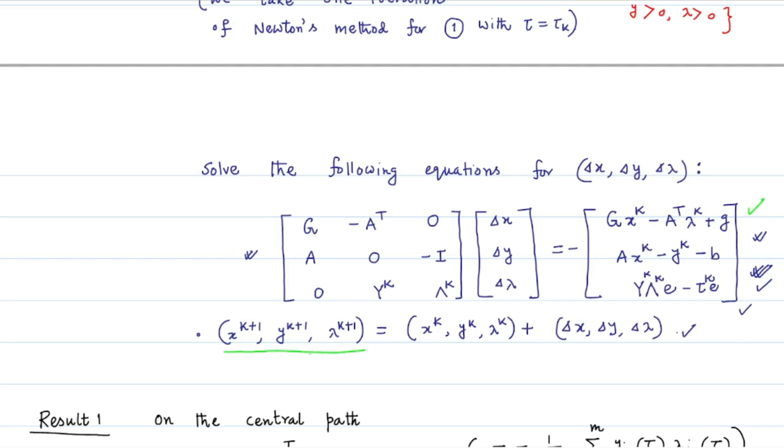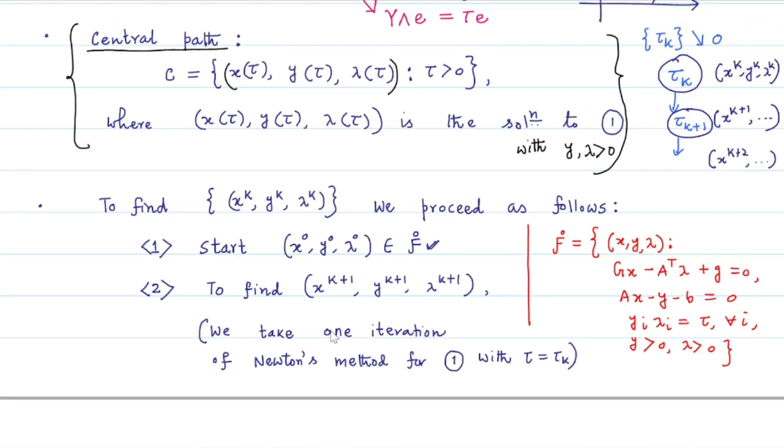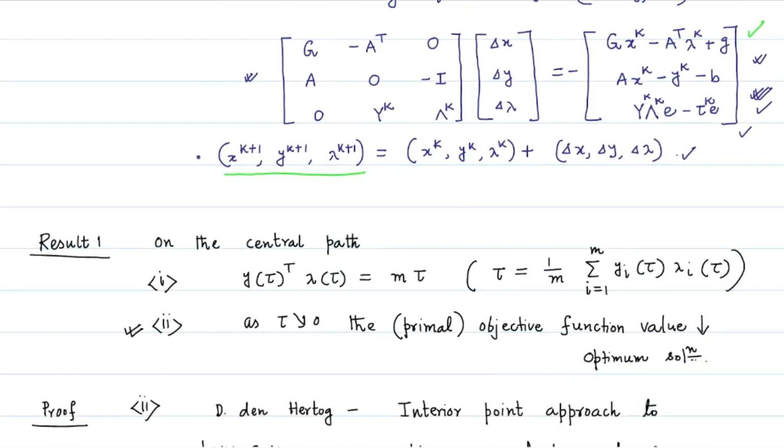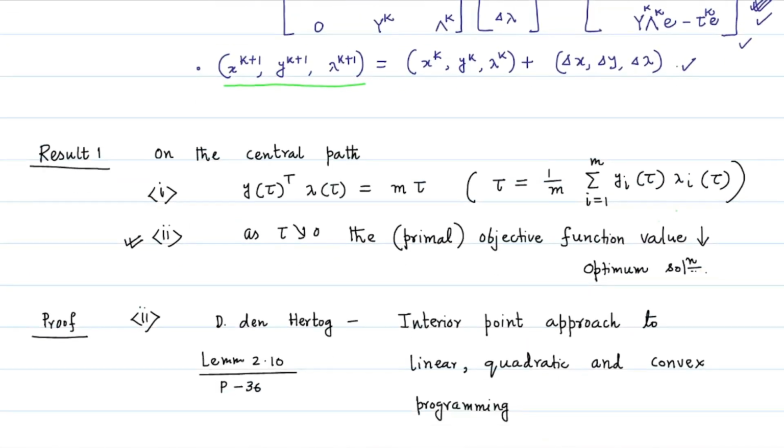We can prove that if you start your process from a point from this f naught, and if this f naught is non-empty, then the value of tau k given by this summation of yik lambda ik actually degrades.